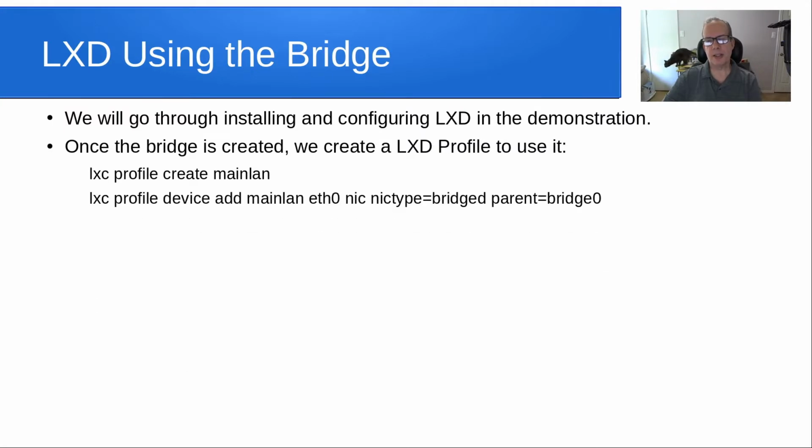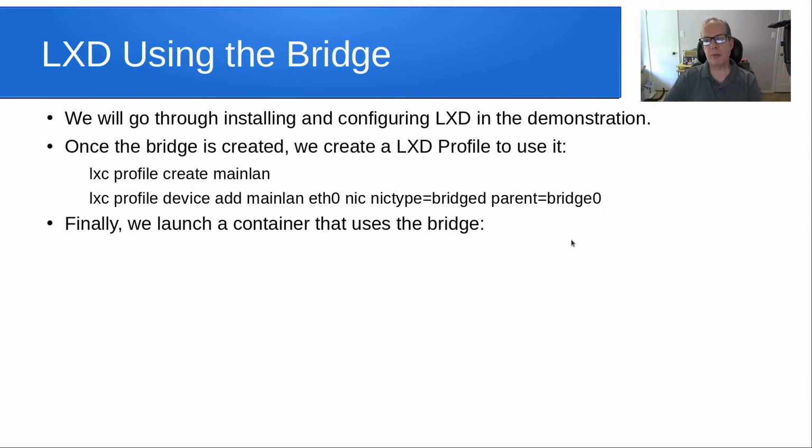And then lxc profile device add mainlan eth0. So device eth0 is the device inside the LXD container by default. And then we're going to tell it the NIC type is bridged. And then the parent will be br0. And br0 is what we're going to create with Netplan or with the NM Connection Editor.